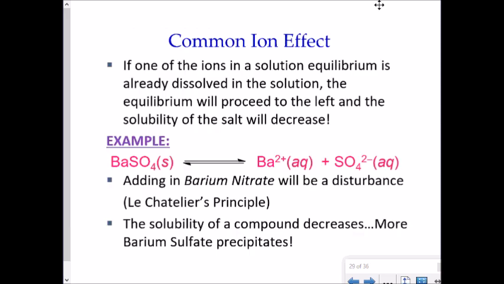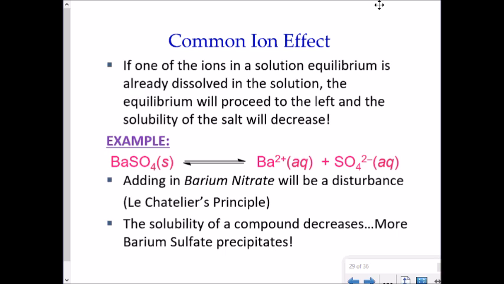These are some of the main problems you'll see with the Ksp, when you have common ions together. Ions in a solution, equilibrium, already dissolved in the solution, and then you add in an ion that's in the salt. So one is already at the saturation point, and then you're adding in something that goes with the salt.